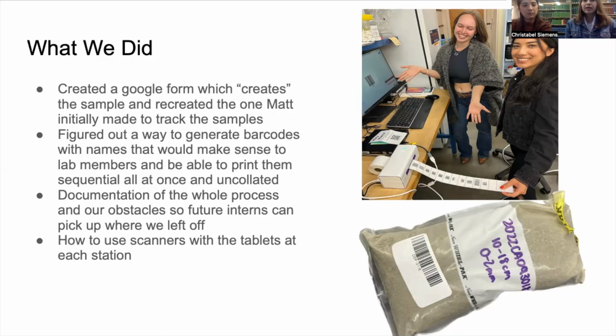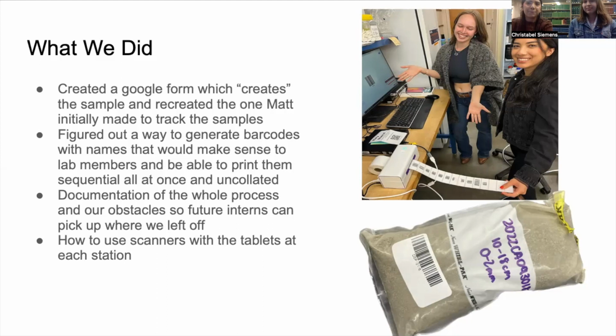Something else that we made sure to do was document our whole process from the very beginning. One of the first things we did was identify all the obstacles that we had. For example, for the obstacles with creating the barcodes, we have a whole how-to, because I know it might seem simple, but it's something that not everyone knows how to do.